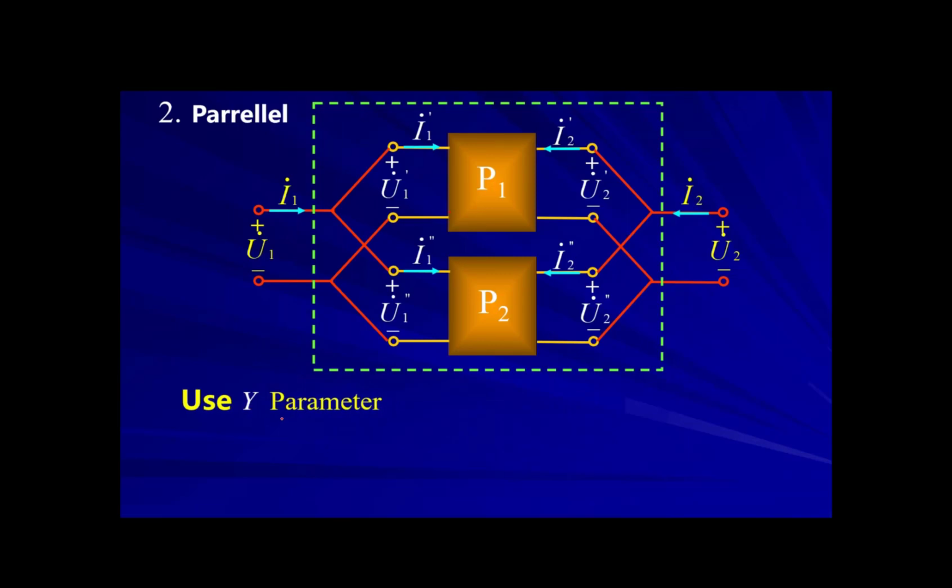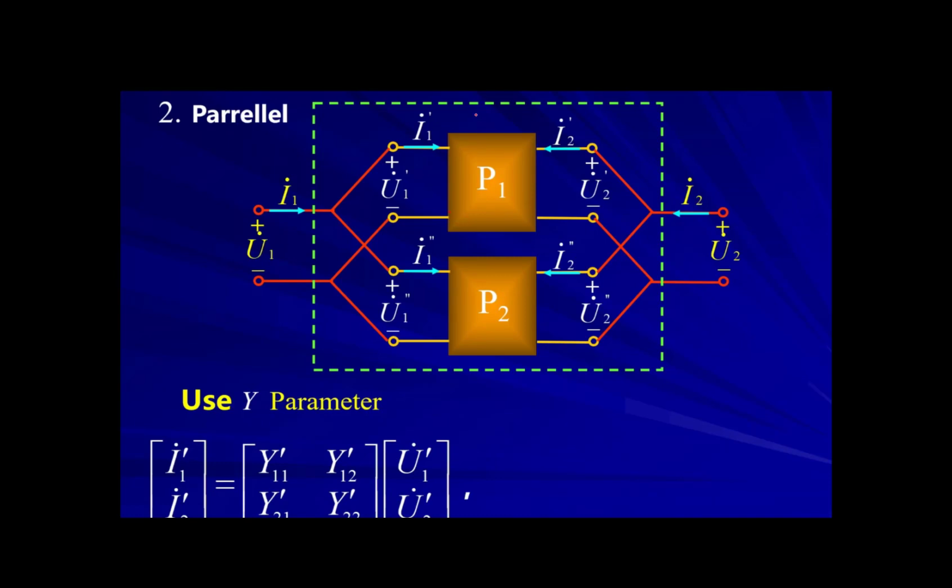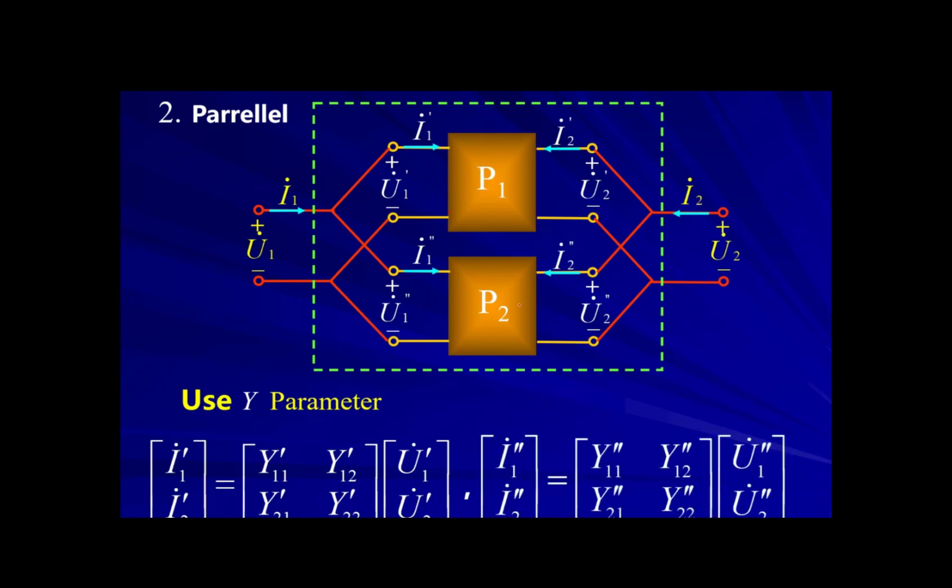We can use the Y parameter to express it. For P1, we use U1, U2 to express I1, I2. This is Y1. For the network P2, we use the voltages U1', U2' to express I1', I2'.